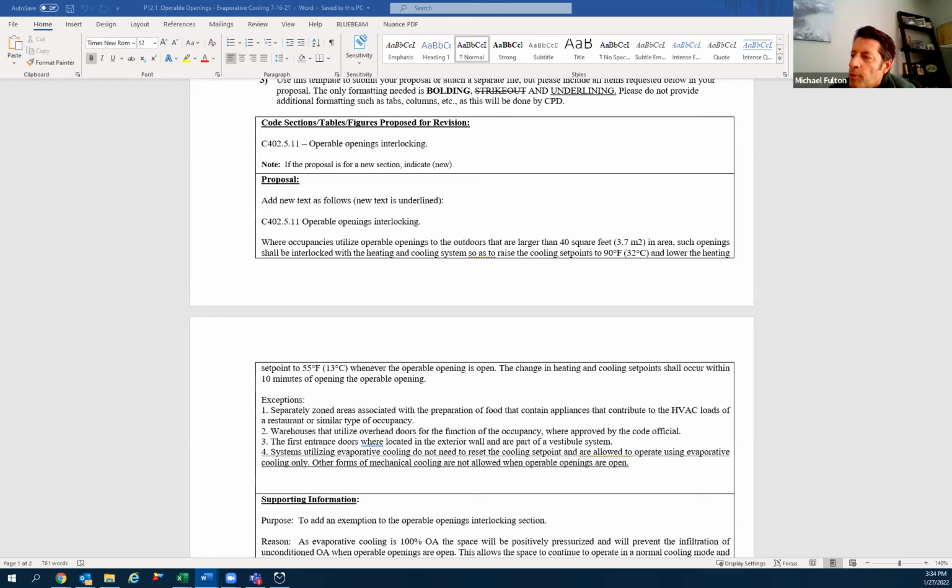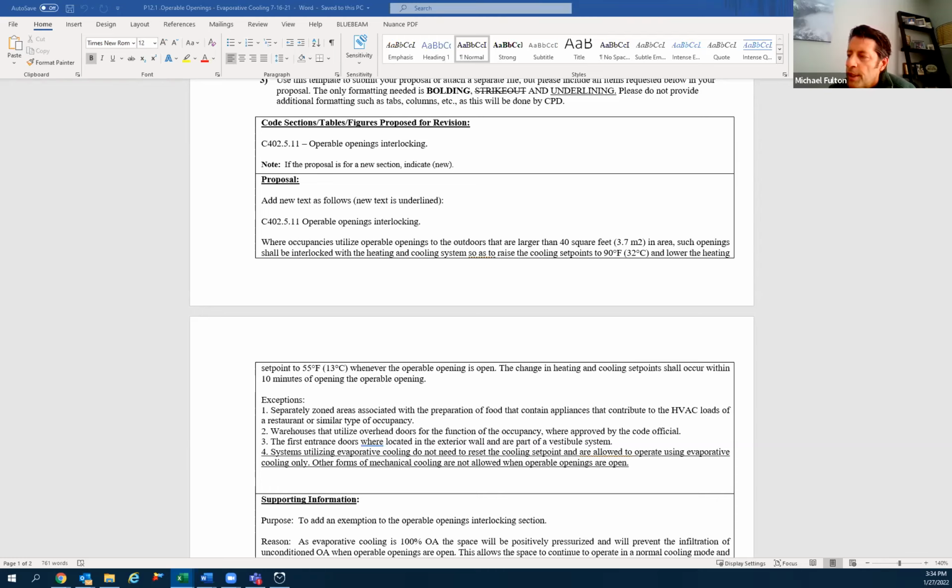So the only problem with the new code is that it did not exempt evaporative cooling. And so what we're proposing here is, evaporative cooling needs relief out of the space. So you could have your garage door open in your brew pub or whatever restaurant and use evaporative cooling, which would be more energy efficient anyway than typically using mechanical refrigeration.